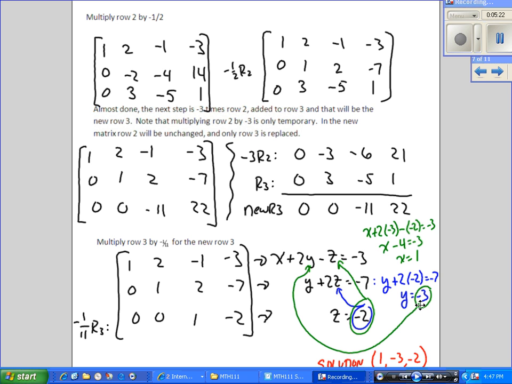So now I know what y is equal to. So I can put y into the first equation and z also into the first equation. And from there, I can figure out that x is 1. So my solution is the ordered triple 1, negative 3, negative 2. And I've solved the system. So this saves us a lot of writing.